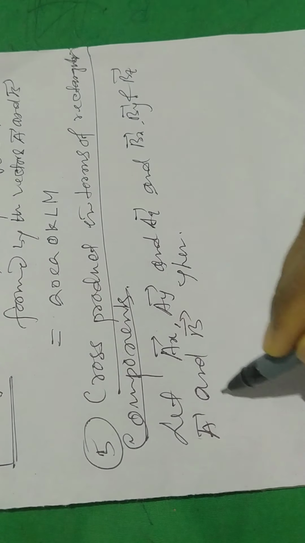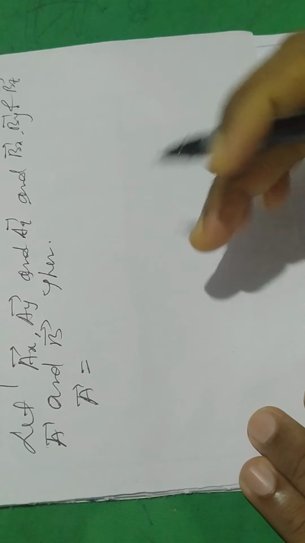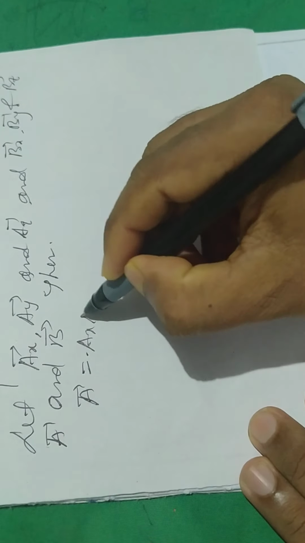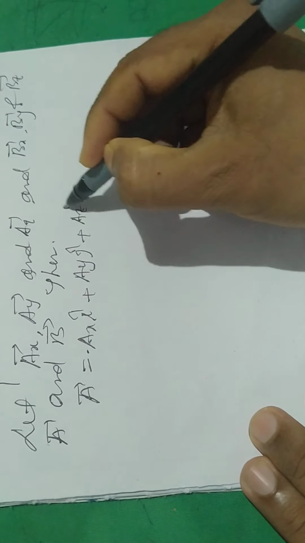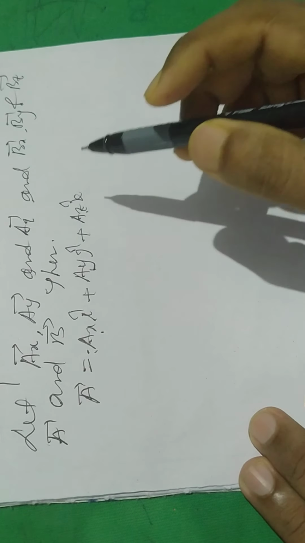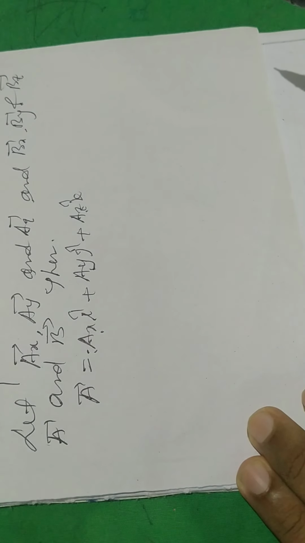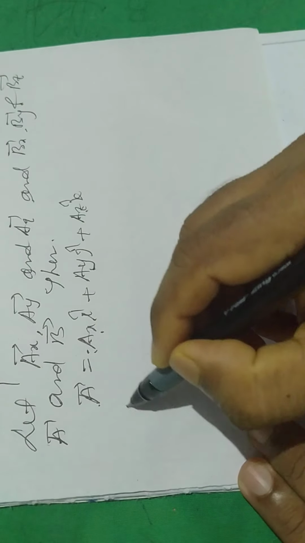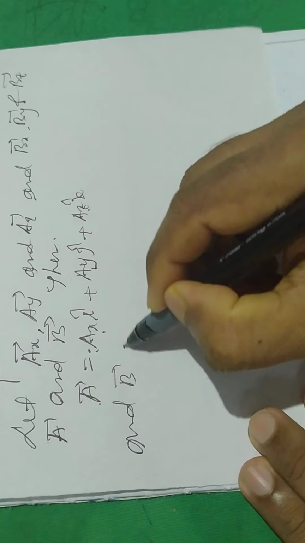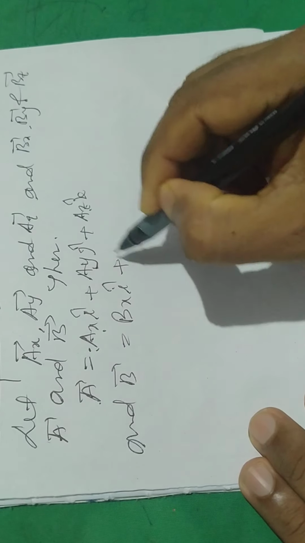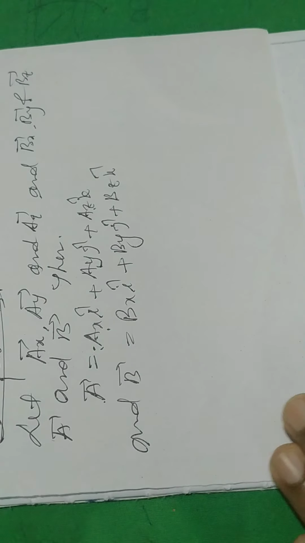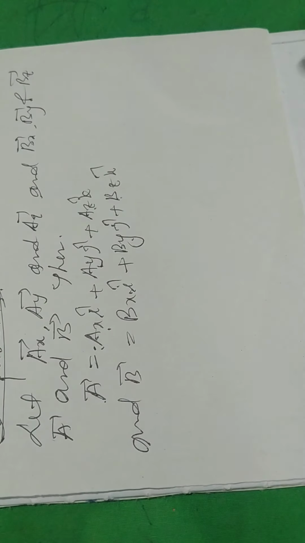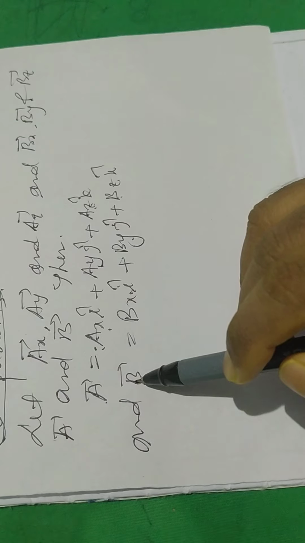Then vector A is AX I cap, AY J cap, AZ K cap. The AX, AY, AZ are the rectangular, perpendicular components of vector A. And vector B is BX I cap, BY J cap, BZ K cap. So BX, BY, BZ are rectangular components of vector B.